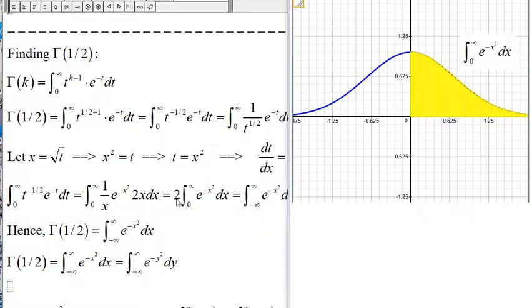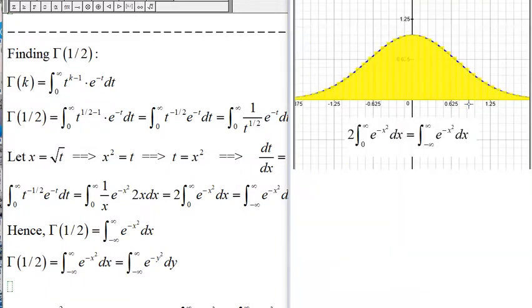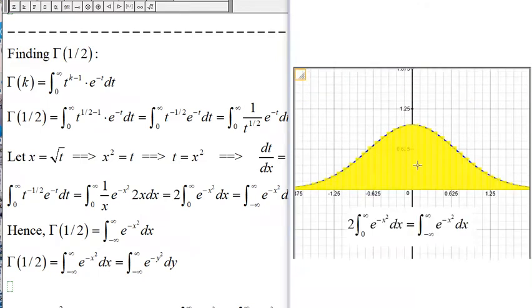If we multiply it by 2, then we just double this area. And so here's doubling the area. So this shaded region is 2 times the integral from 0 to infinity, because the integral from 0 to infinity is the area from 0 to infinity. So we double it, and then we get this entire area right here.